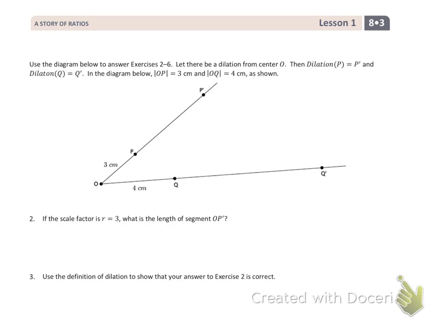So for 2, if the scale factor is 3, then the length of segment OP prime is going to be 9 centimeters. So you could just say the length of OP prime is 9 centimeters. And using the definition, we can just say that the length of OP prime is equal to the scale factor R times the length of OP.